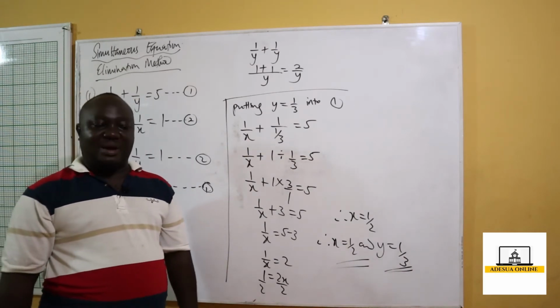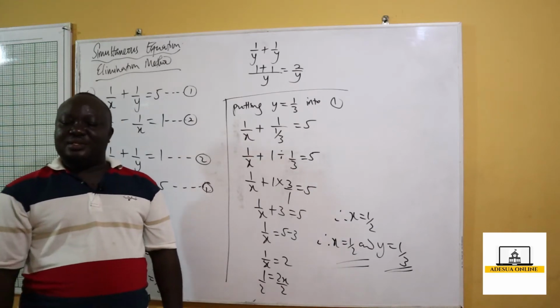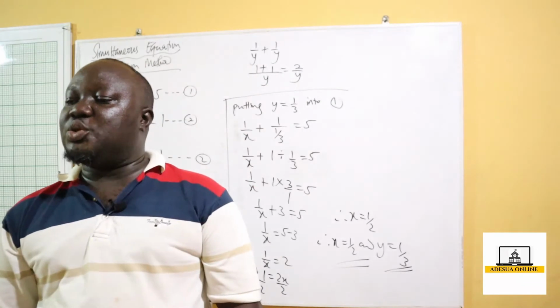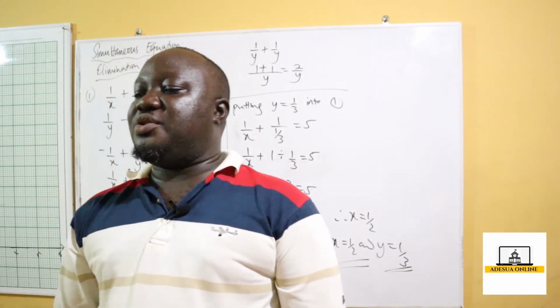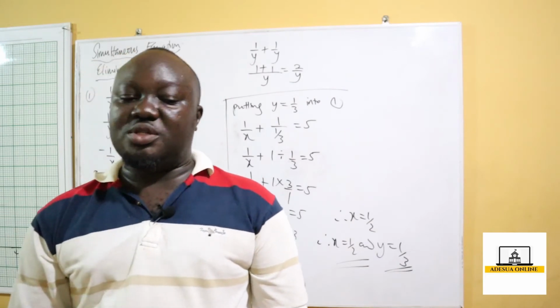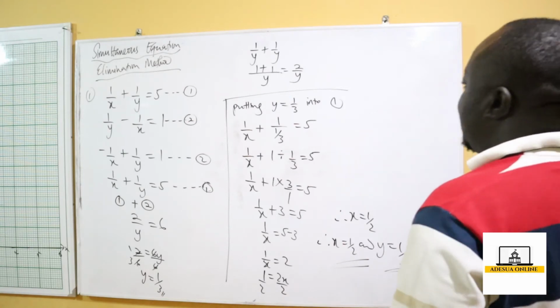Now let's move to our second question. Our second question says: solve simultaneously the equations 2p minus 3q equals 4 and 3p plus 2q equals 19. So we use the elimination method to solve this.